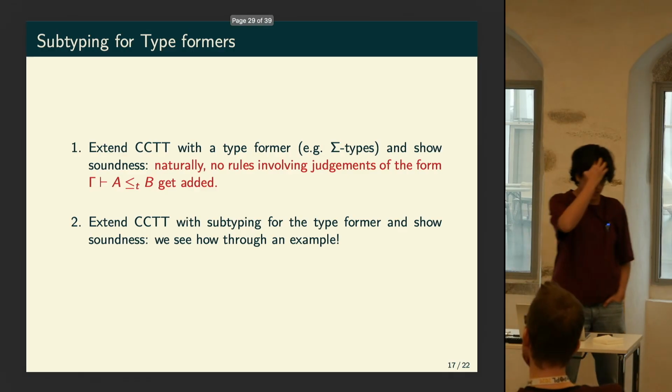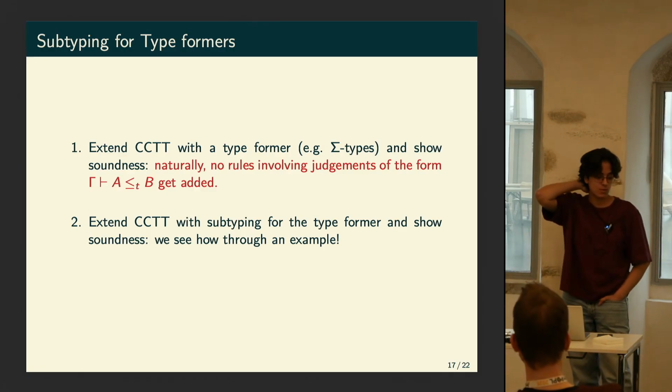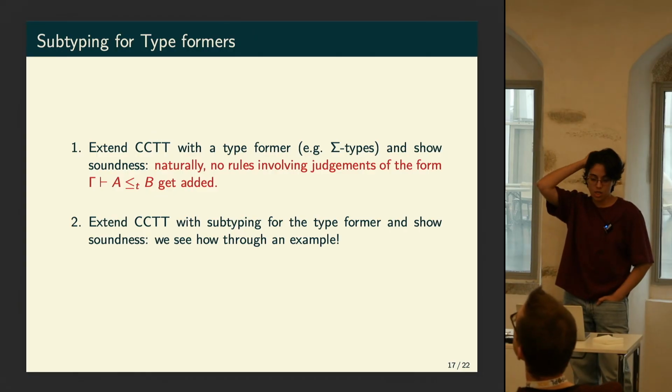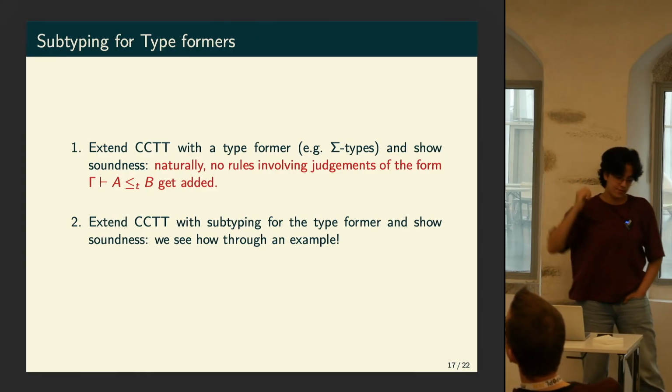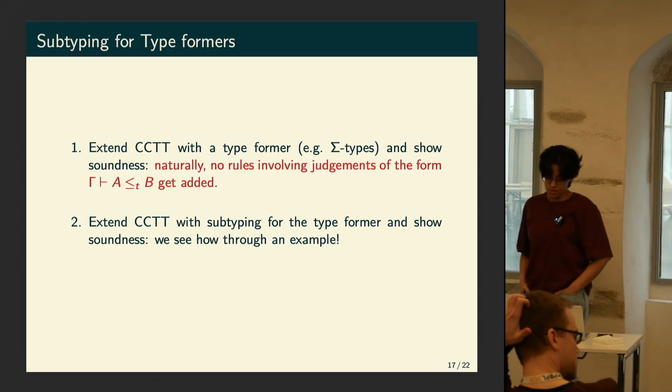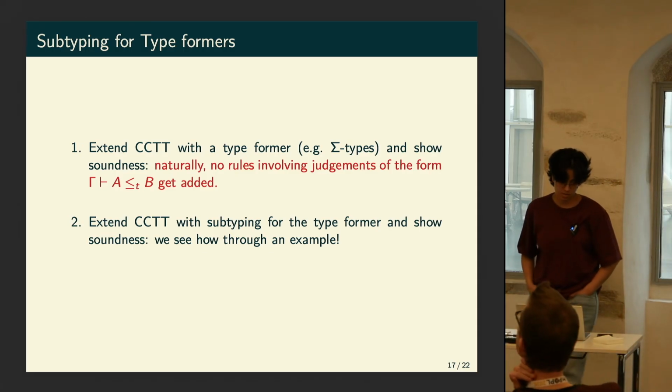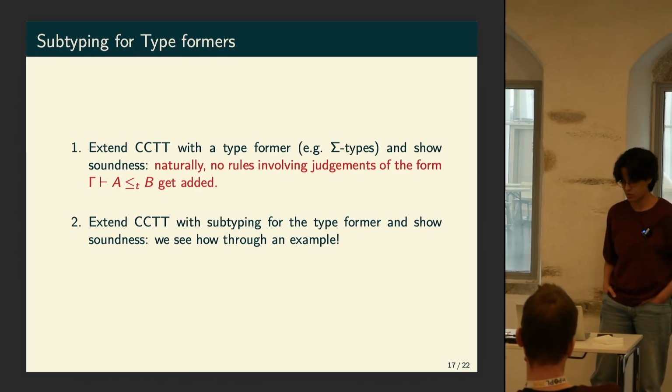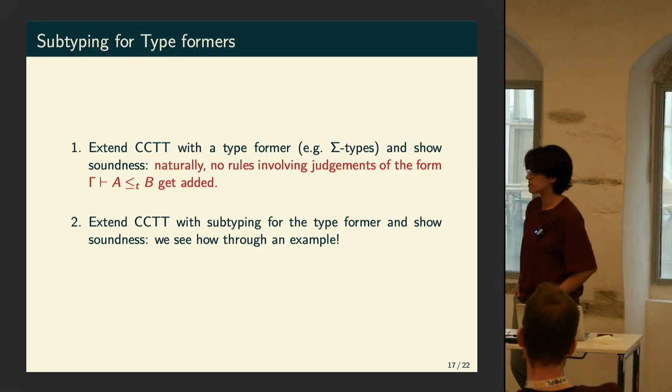So something which was important for us was that we were making a distinction between the normal case, where you just forget about the subtyping stuff and you just want to add sigma types the way you would, and then what you would need to add when you want to have all the subtyping for sigma types.